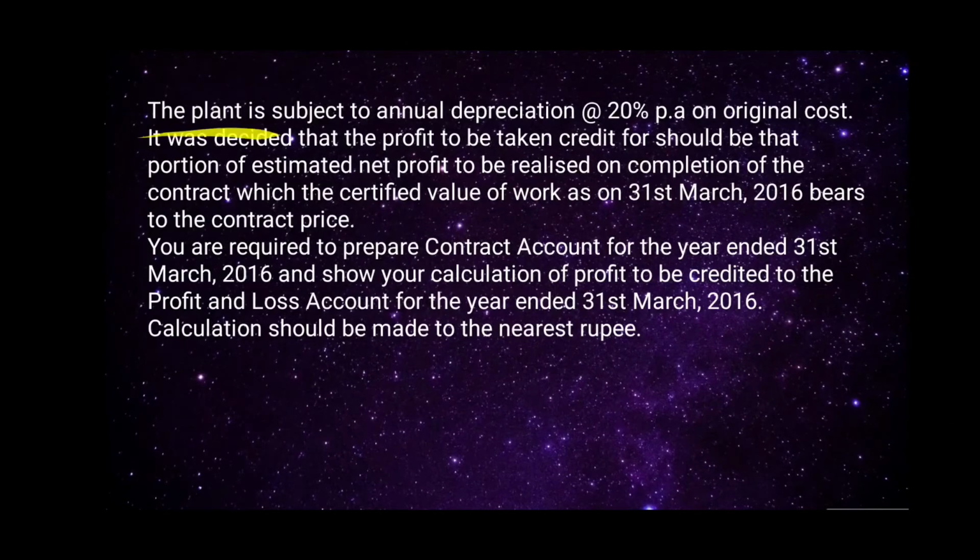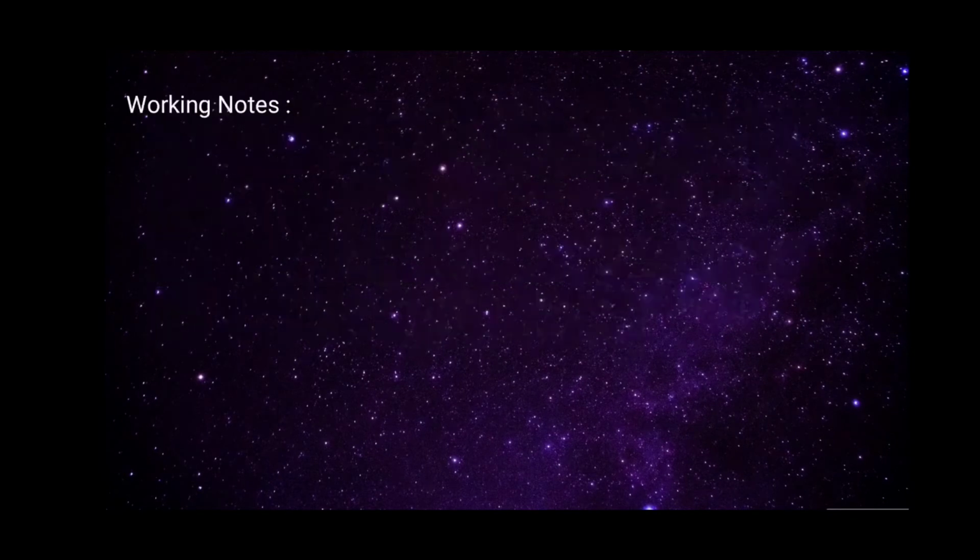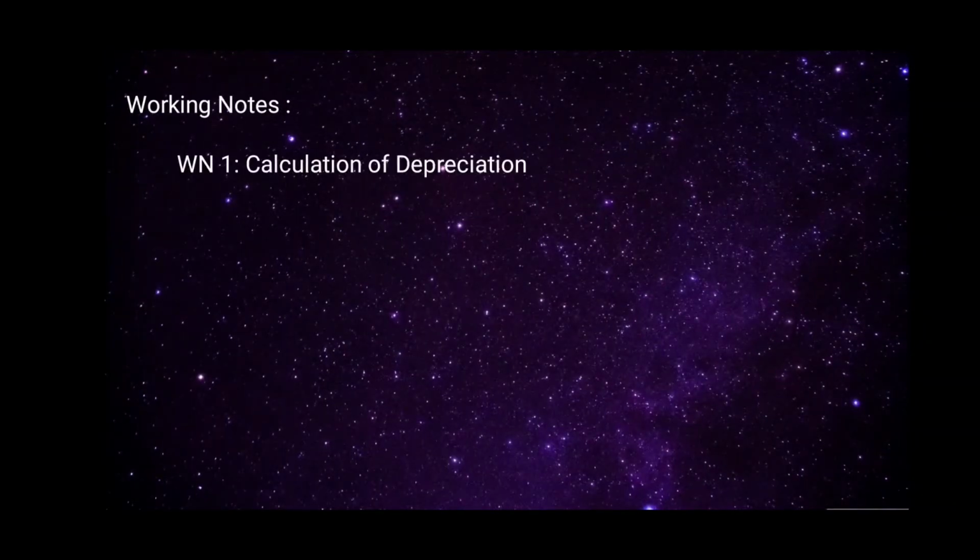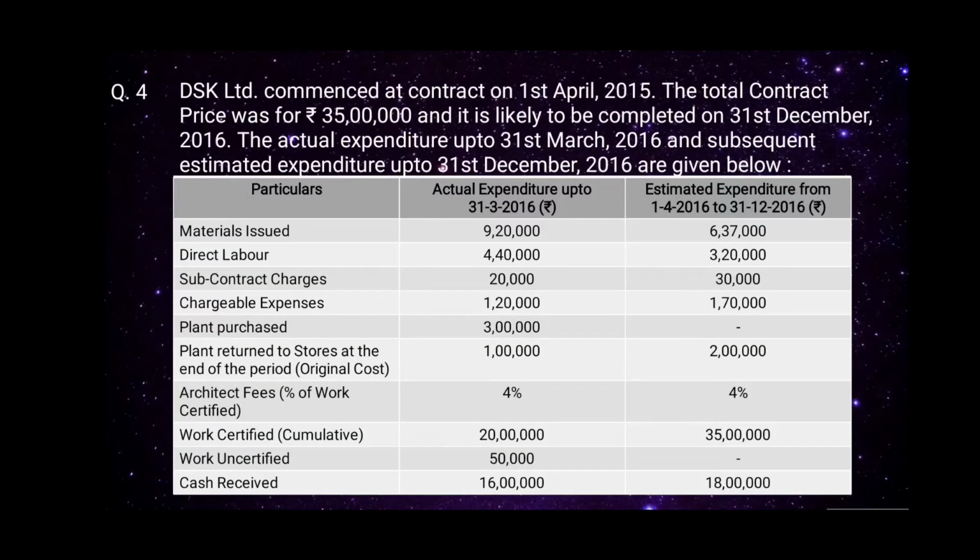The plant is subject to annual depreciation at the rate of 20% per annum on original cost. So let us prepare working note for calculation of depreciation. Working note number 1, calculation of depreciation on plant returned. So the cost of plant returned is 1 lakh.